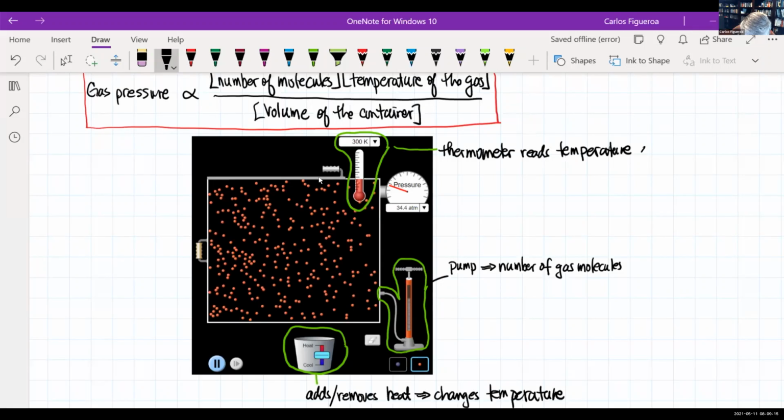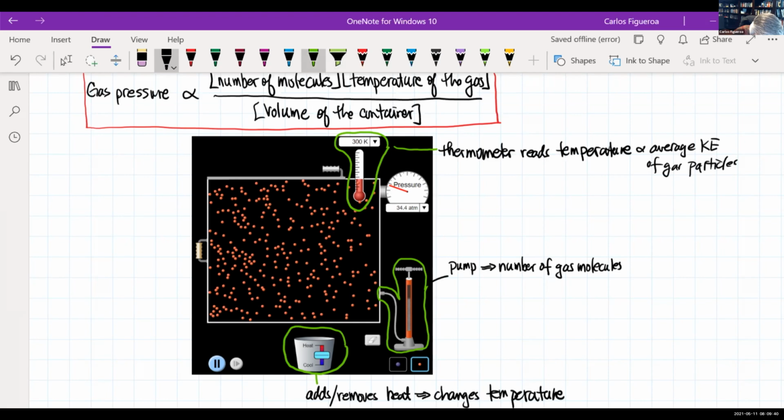Temperature, which I'm going to say is proportional to the average kinetic energy of gas particles. Now, the pump here then determines the number of gas molecules. So if I pump it in, then that allows me to do that.